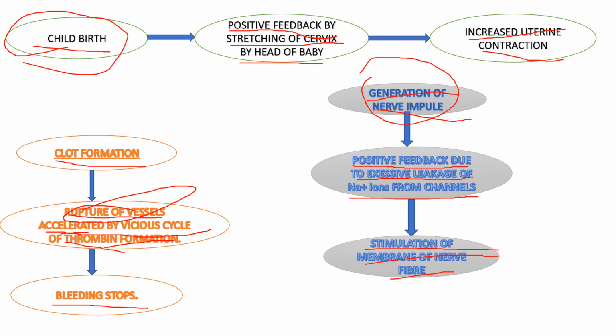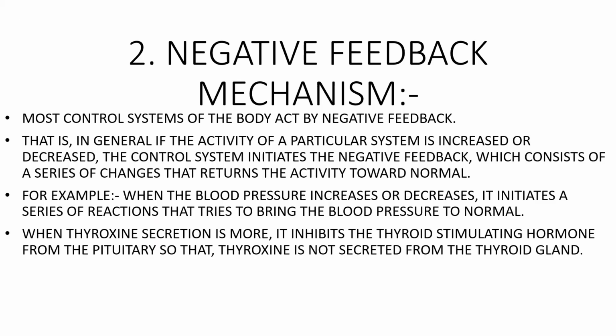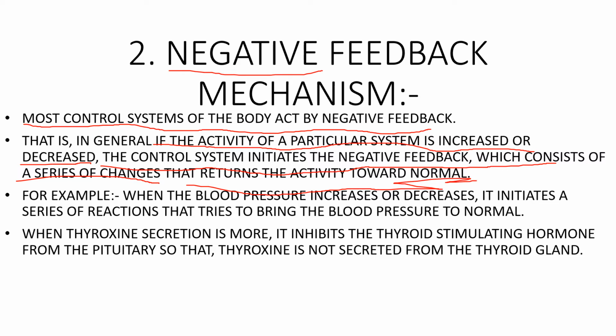Okay, now we go to the next. Negative feedback mechanism. So most control systems of the body act by negative feedback. In general, if the activity of a particular system is increased or decreased, the control system initiates the negative feedback, which consists of a series of steps or reactions or changes that returns the activity towards normal.